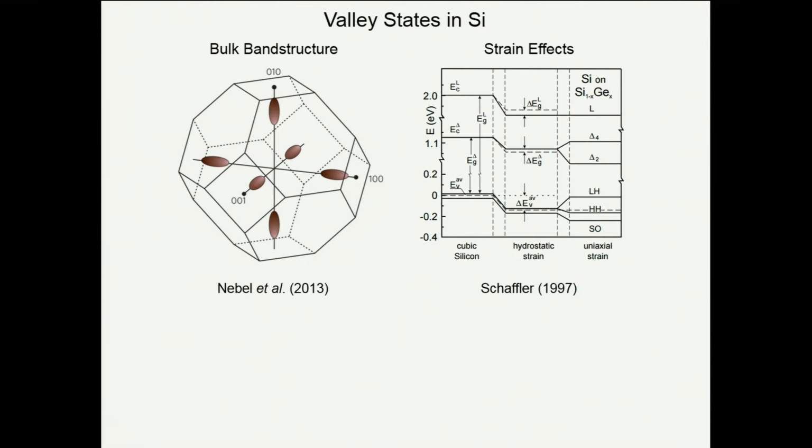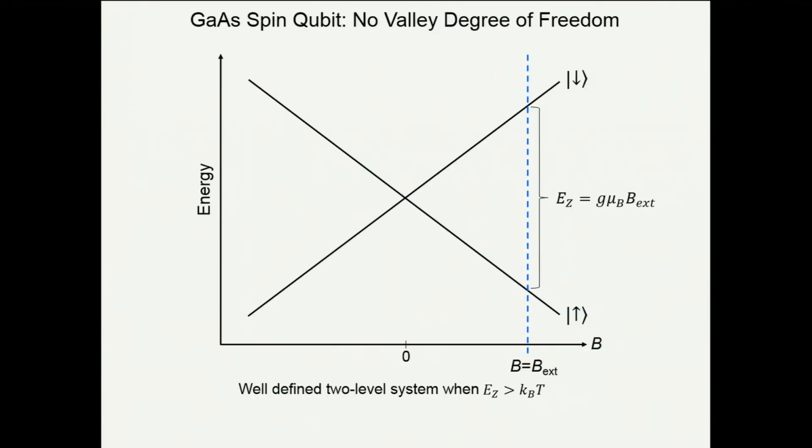But in silicon, there are 6 equivalent pockets that the electrons sit in that are about 0.85 times out to the edge of the first Brillouin zone. These are called valleys. And there's a question of whether or not this degenerate 6-fold valley state spectrum can be split off so that we just have one valley that's occupied with the electrons.